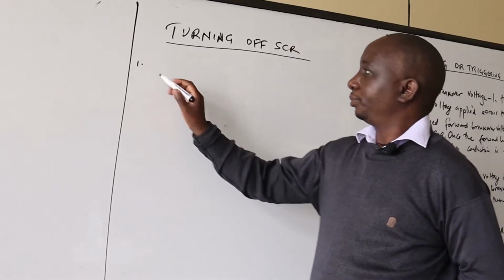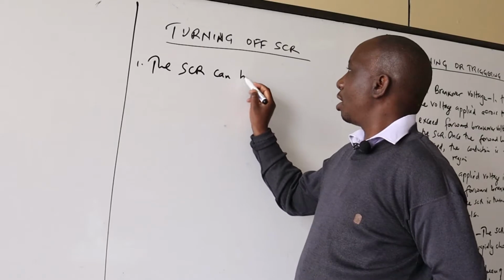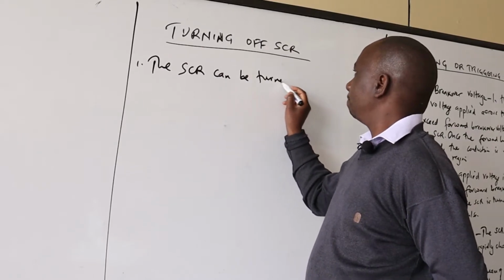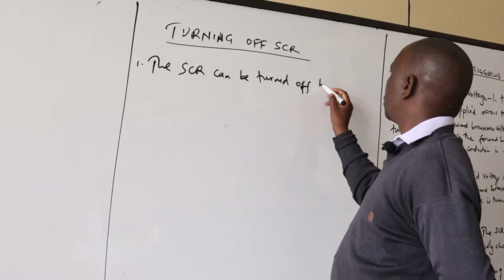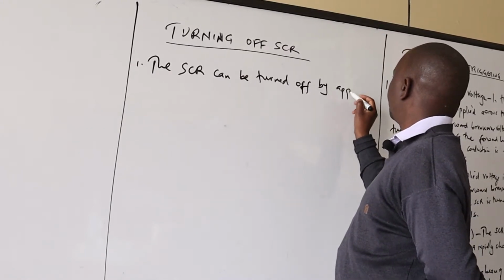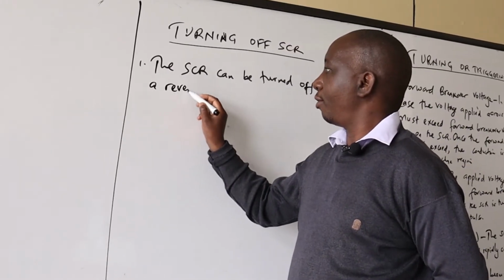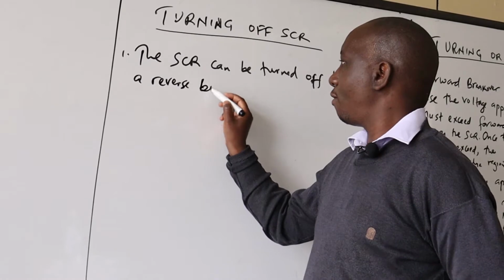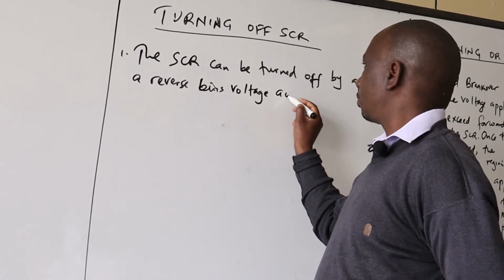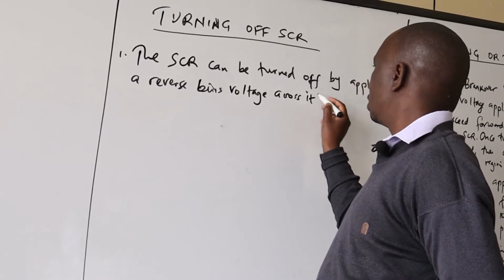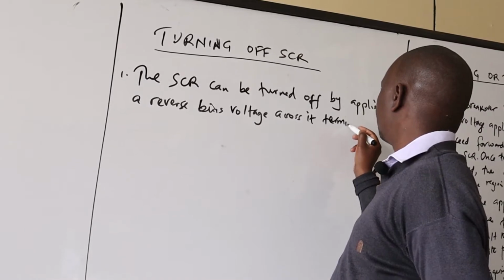So number one, the SCR can be turned off by applying a reverse bias voltage across its terminals.